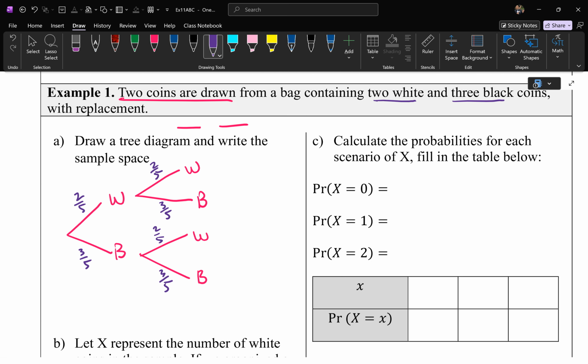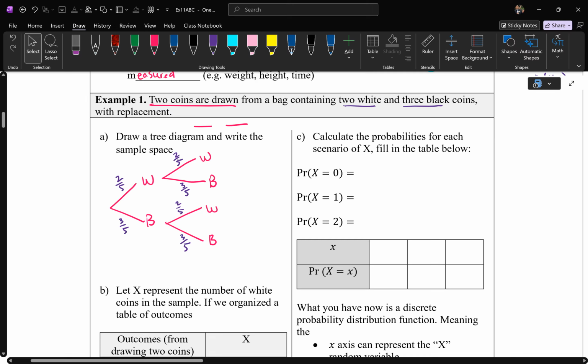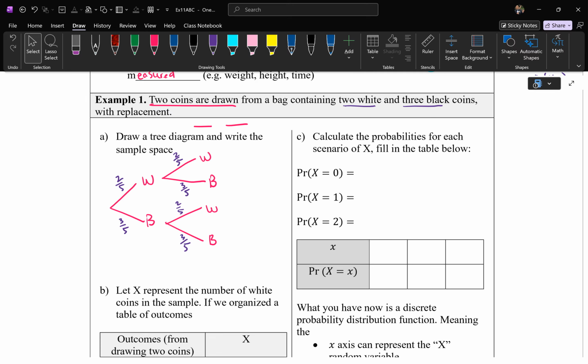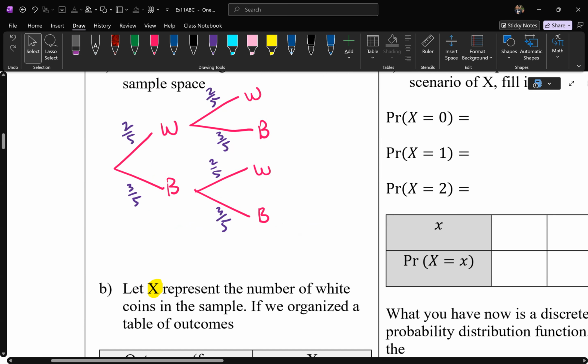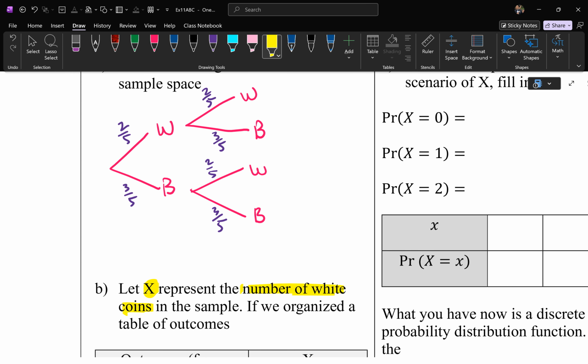Yeah? What is now the next step to then bring it into pretty much year 11 content where you're reading the distribution table is you need to define what X is. So capital X is my random variable. What am I representing it as? I'm representing it as the number of white coins. So now I know it's not the black coins I'm interested in, I'm interested in the white coins.